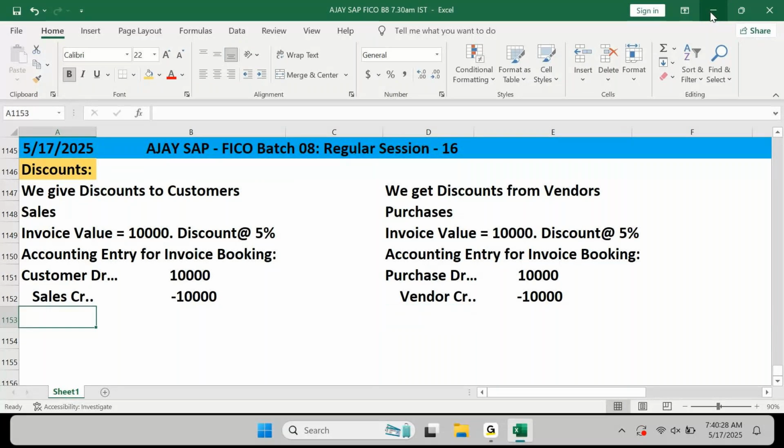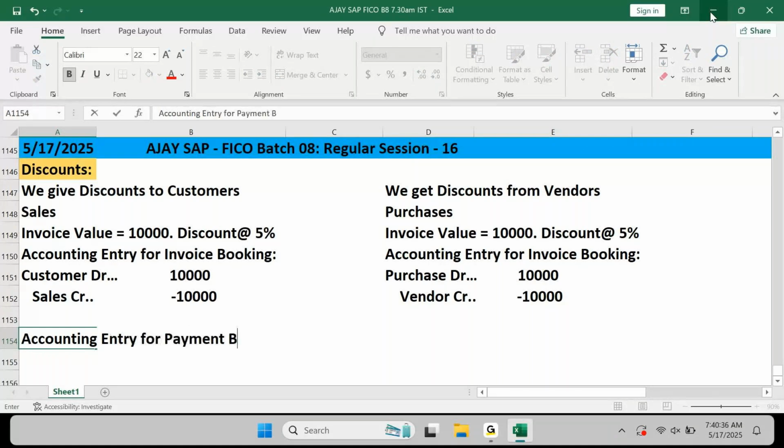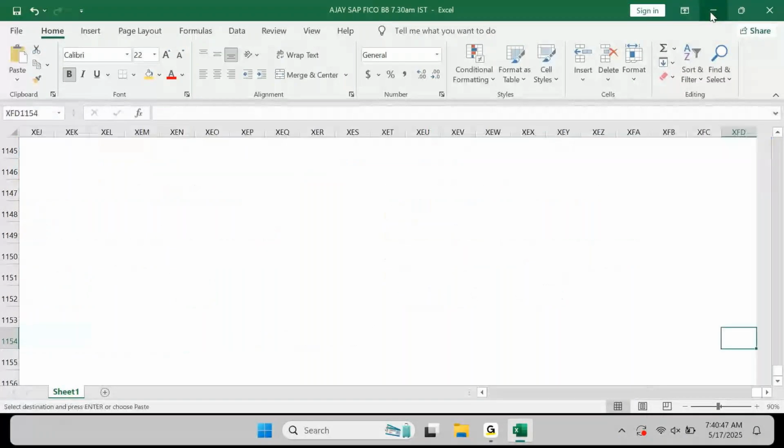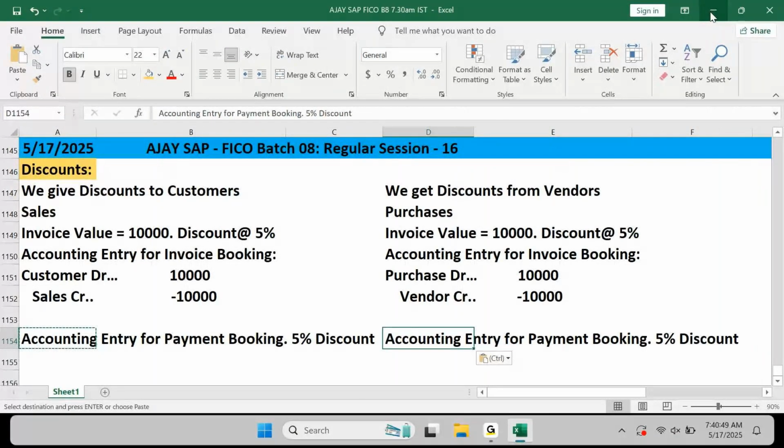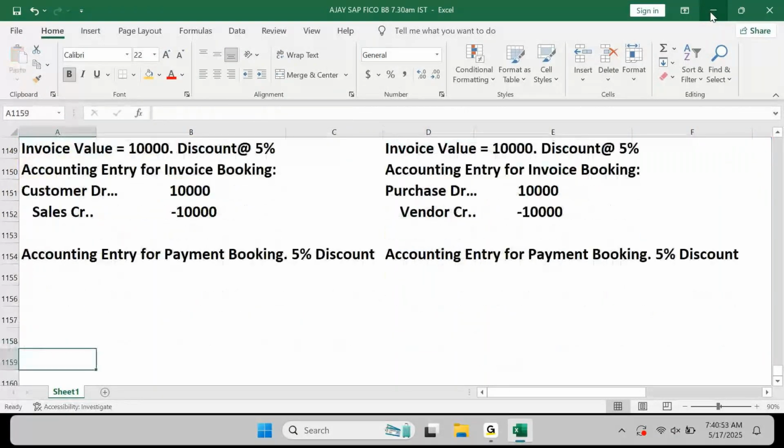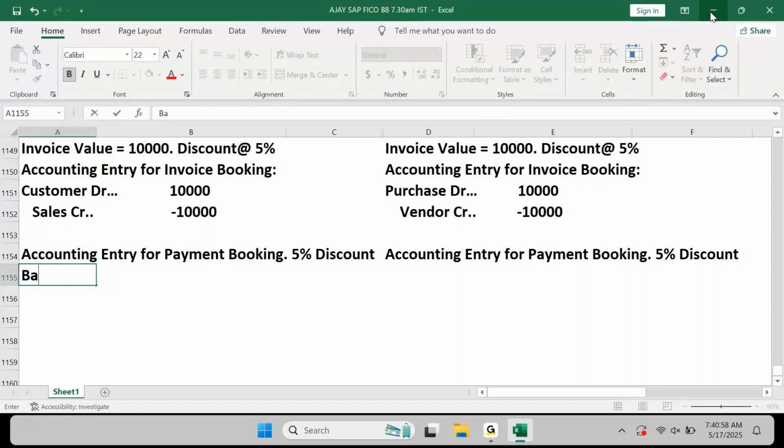Okay, let's say accounting entry for payment booking, 5% discount. What entry will come here? Bank debit with 9,500. This is your customer.